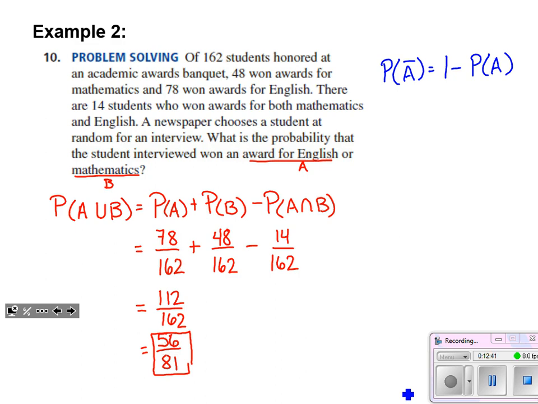All right, so the way to do this is to say, okay, well, what's the probability that the newspaper person interviews somebody that did not get one of those two awards? Oh, okay. Well, let's see. The probability of not getting a mathematics award, that would be not B. Well, if only 48 won awards for math, then not winning an award for math would be 162 minus those 48 award winners.